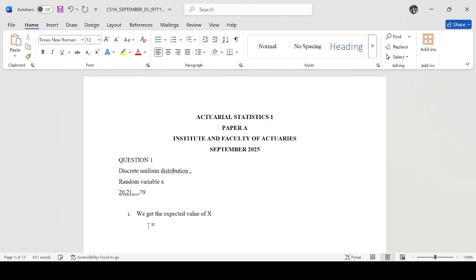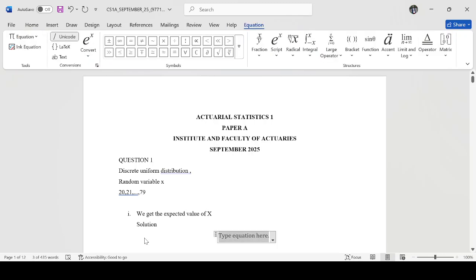So the solution here, what you need to know very well, is that getting the expectation is the same as getting the mean. So insert your equation editor using the shortcut Alt plus equals. You can write mu. Mu is the same as the expected value of x that we are trying to get.